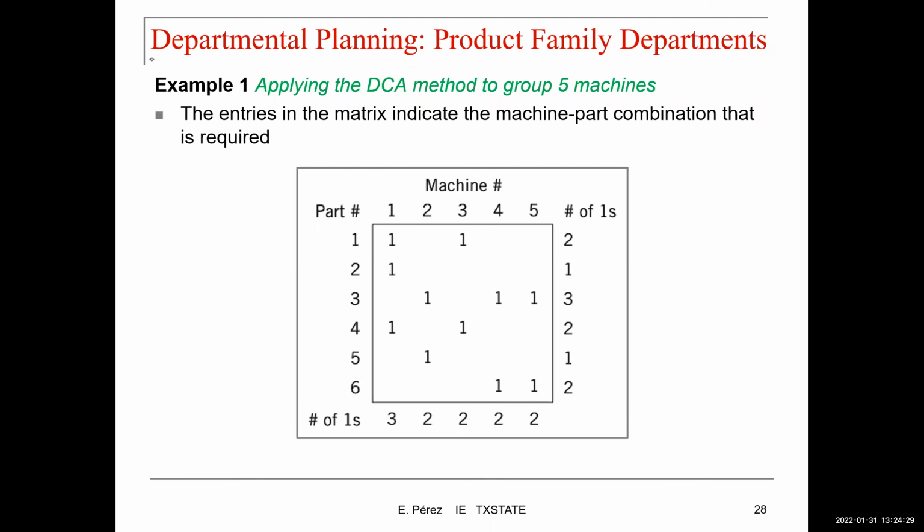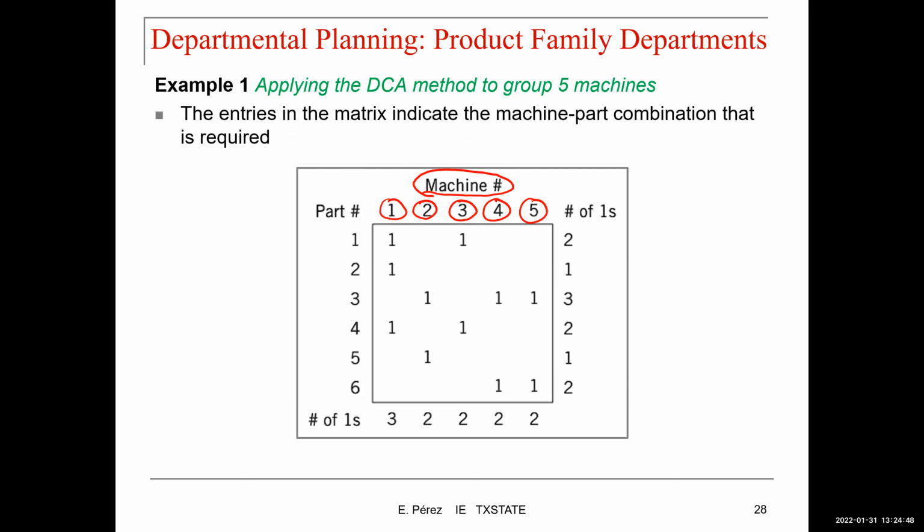Okay, so here's what I'm referring to. This is the matrix. At the top, we have the machines, and the machines are identified by number. In this case, we have 5 machines.